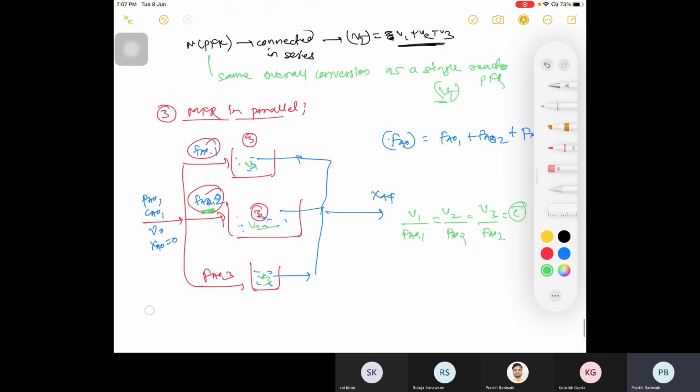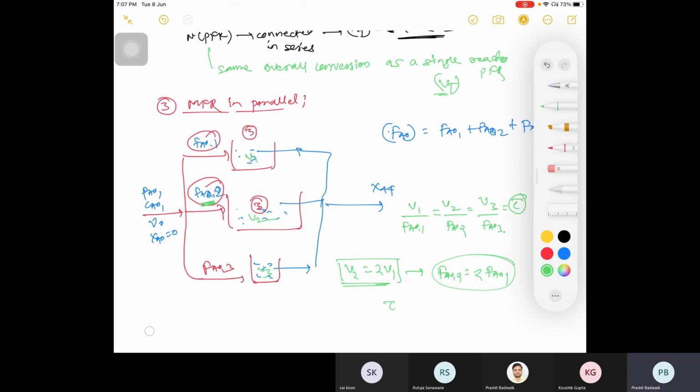Suppose if V2 is twice V1, in that case I'll set FA02 equal to twice FA01. So your tau will be the same. Each and every molecule will get the same time in reactor 1 and reactor 2.